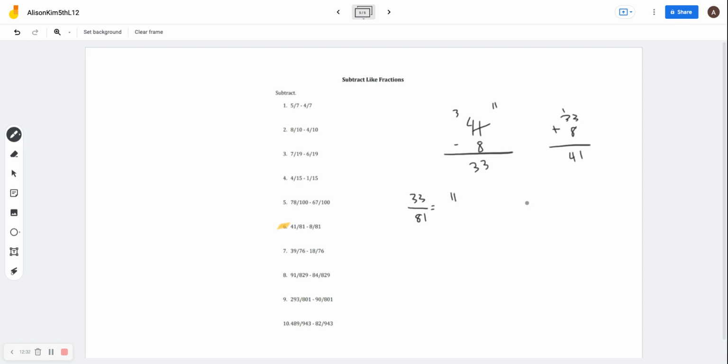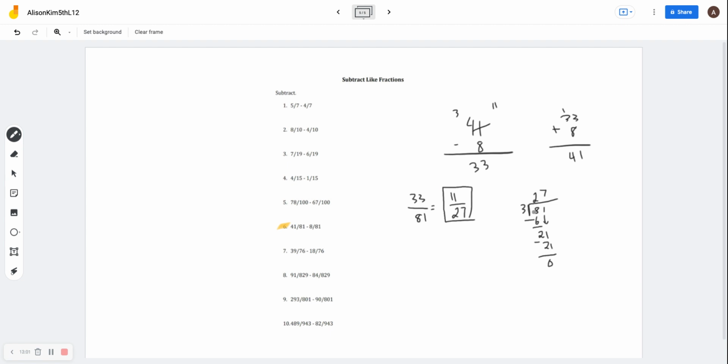And when we take out a 3 from 81, let's do the division. 81 divided by 3, we get a 2 minus 6, a 2, and a 1. Bring down the 1. So we get 7. 21 minus 21 equals 0. So our final answer will be 11/27. Will be our actual answer for number 6.